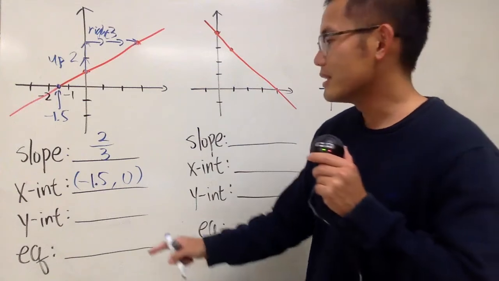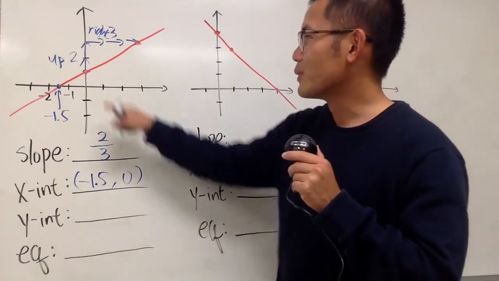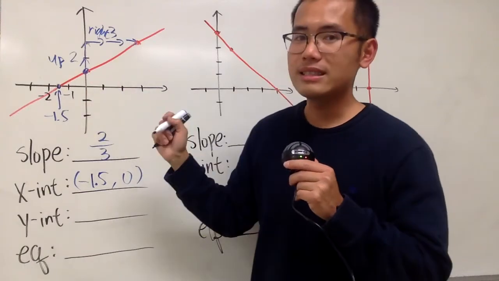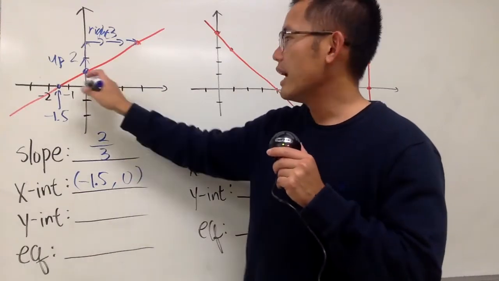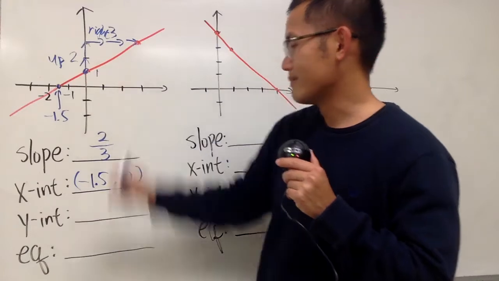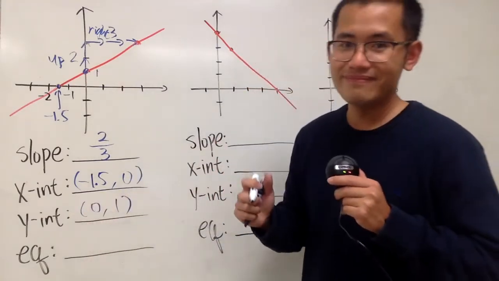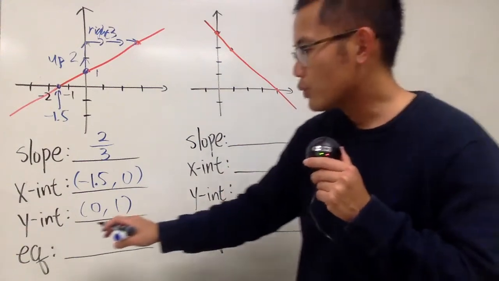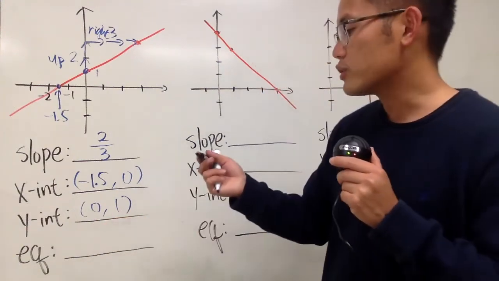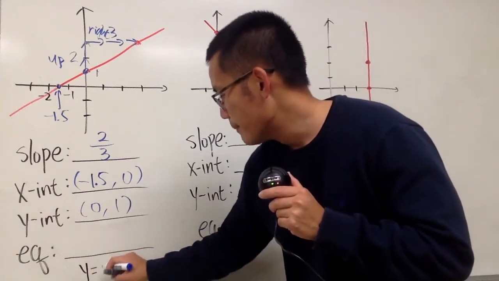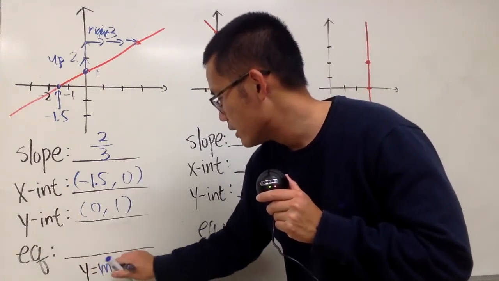Then the next part is the y-intercept, which is right here. This is where the line crosses the y-axis, and this right here is when y is equal to 1. So in that case, you answer 0, 1, and you are done. Finally, we want to write an equation, and remember for the equation, ideally, we want the equation to be y equals mx plus b.